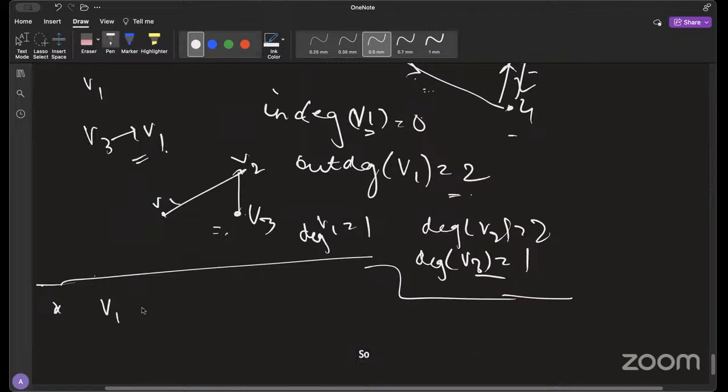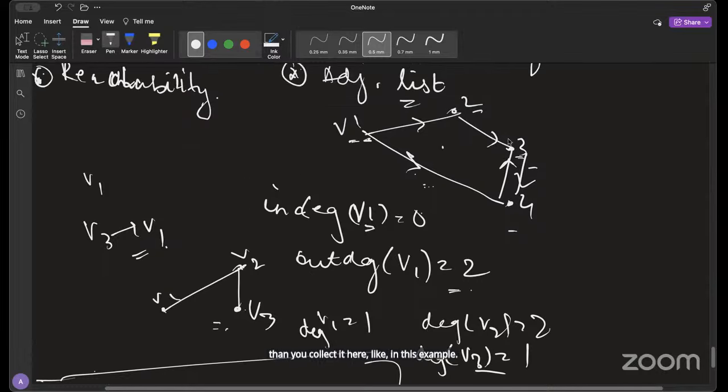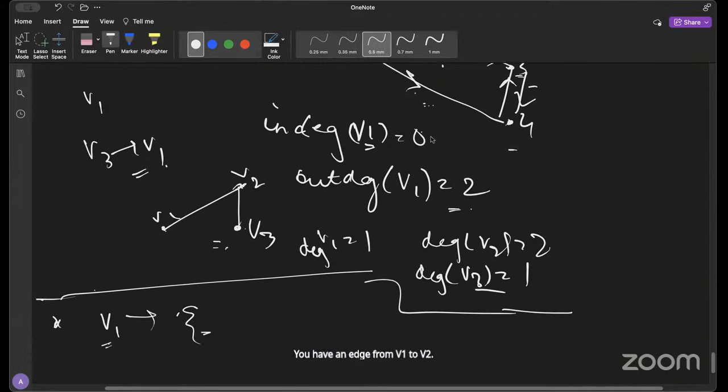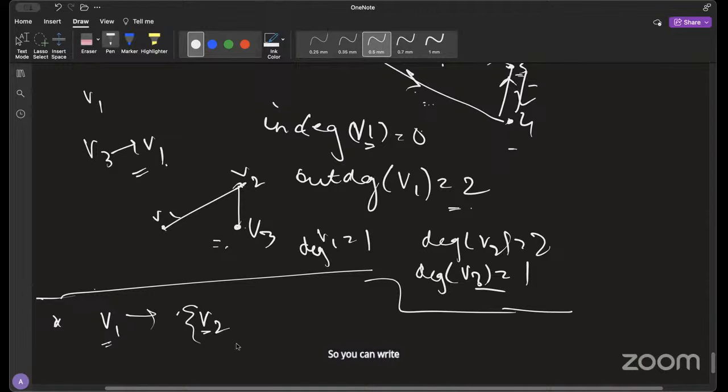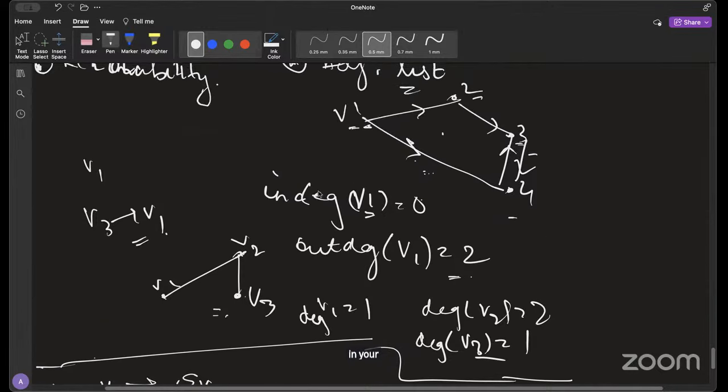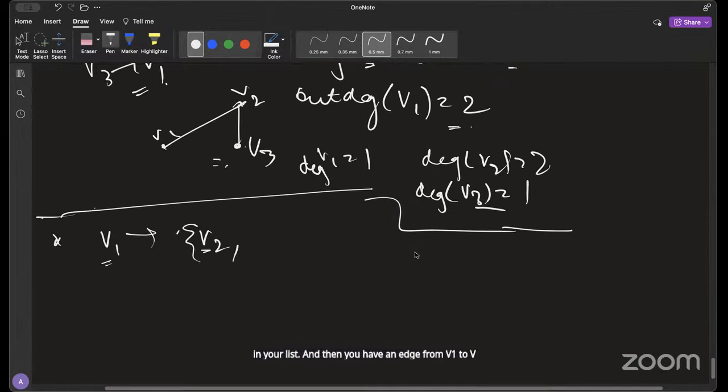It's basically the collection where you collect all the points that you can go to from V1. If you have an edge from V1 to some point, then you collect it here. Like in this example, you have an edge from V1 to V2, so you can write V2 here in your list. And then you have an edge from V1 to V4, so you can write V4 here.